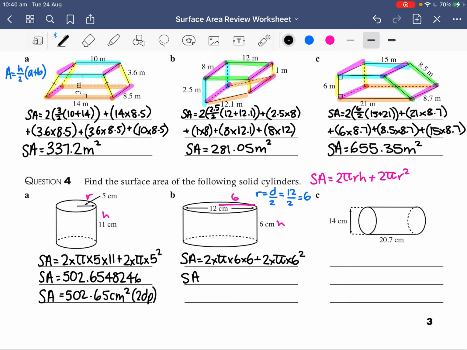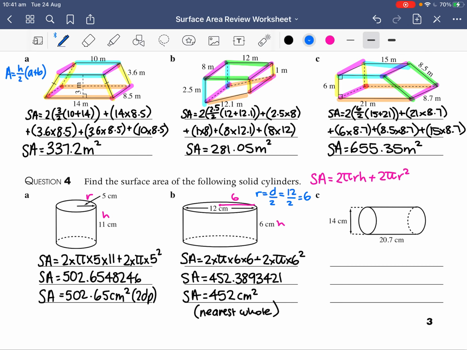When we put that into our calculator, we get 452.3893421. And this one I'm going to round to the nearest whole number, which is 452 centimeters squared. So that's to the nearest whole.